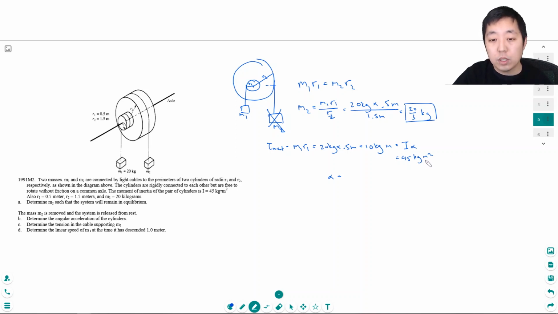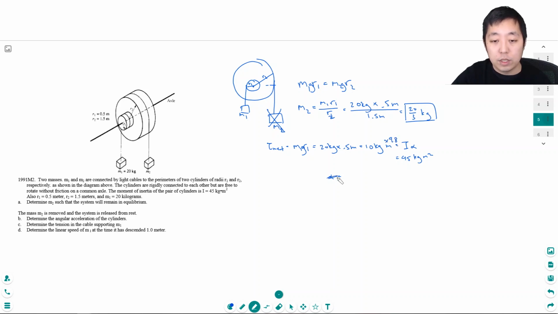So what have I? Kilograms, 1 over meter? No, that can't be right. Net torque. I'm missing a g. There should have been an mg here for all of this. So I need to multiply by 9.8.